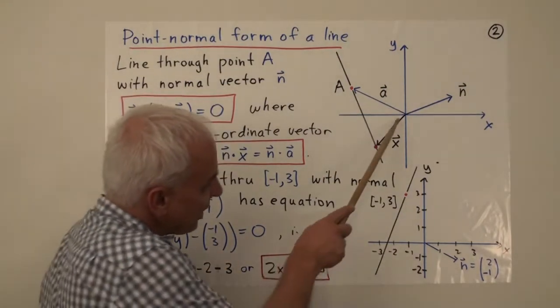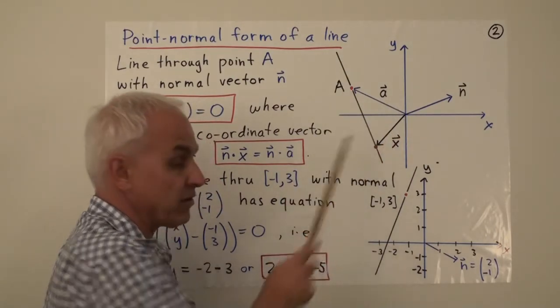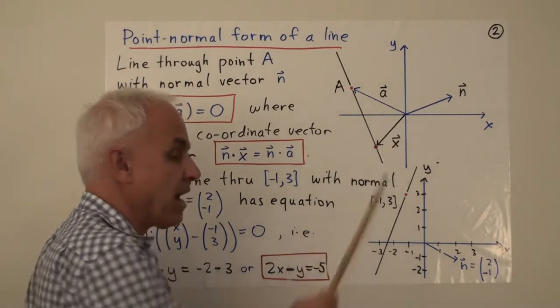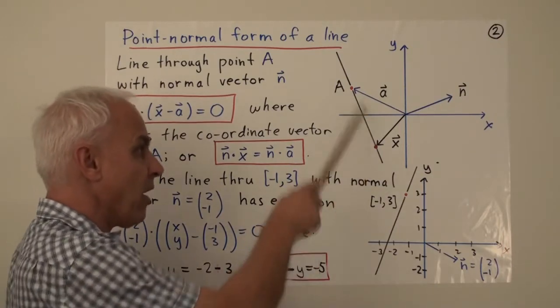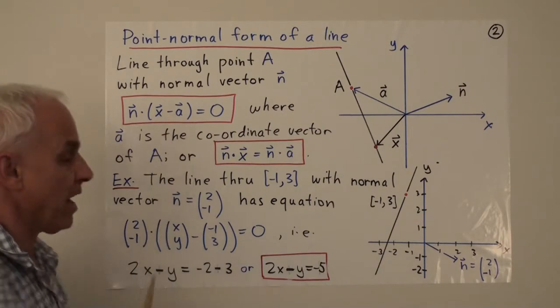Okay, we're also going to think about a general point on this line, which is represented by a coordinate vector x. So x with an arrow over it means a kind of variable vector which is supposed to be lying on this line somewhere.